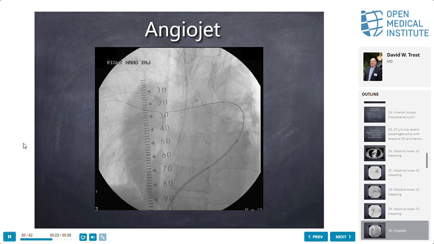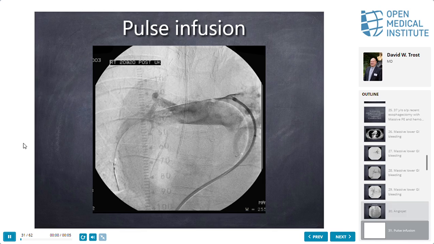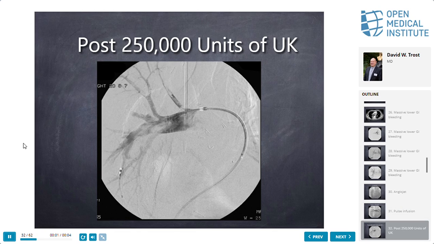You can get all sorts of arrhythmias and problems. The heart does not seem to like, or the pulmonary arteries don't seem to like the pressure pulsations from the angiojet. So now it's what we call a black box warning. Don't you ever do that.